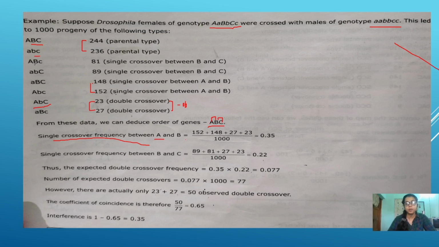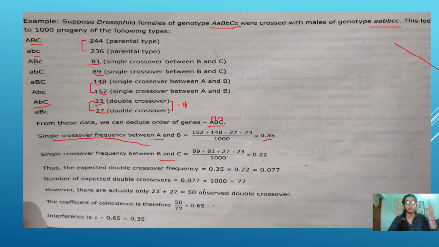So what is the single crossover frequency between A and B? That is 152 plus 148, plus you need to add the double crossovers also, that is 27 plus 23, divided by 1000. So you get the value 0.35. Next, the single crossover frequency between B and C is 81 plus 89 plus 23 plus 27.